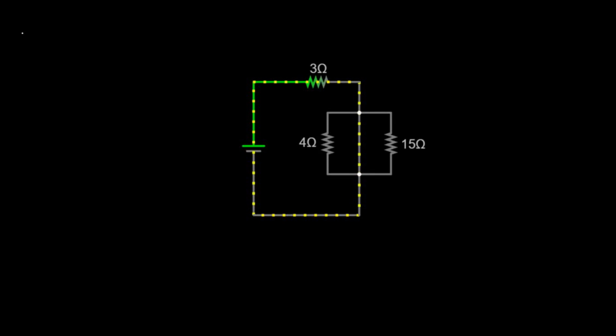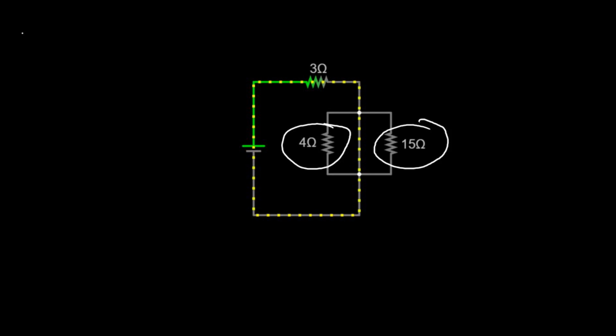So when I run the simulation, you see that current is not flowing through the 4 ohms and the 15 ohms resistors. So this means that they have been short circuited. So that was the reason why we didn't include these two resistors when we were calculating the effective resistance of the circuit.